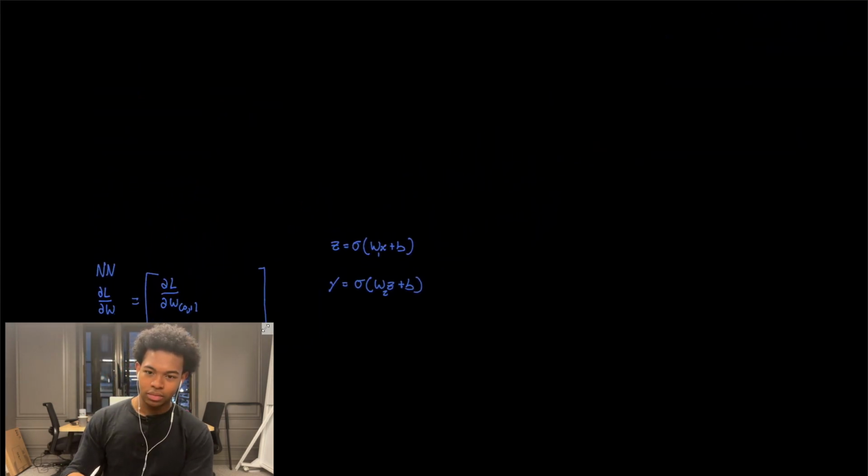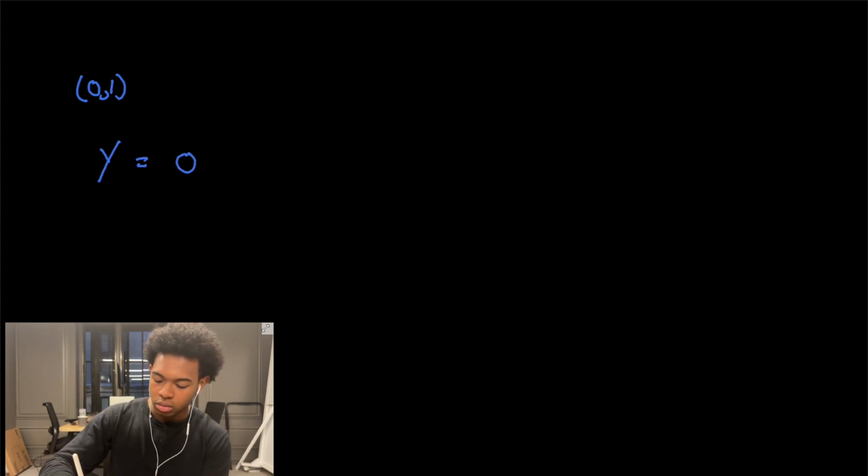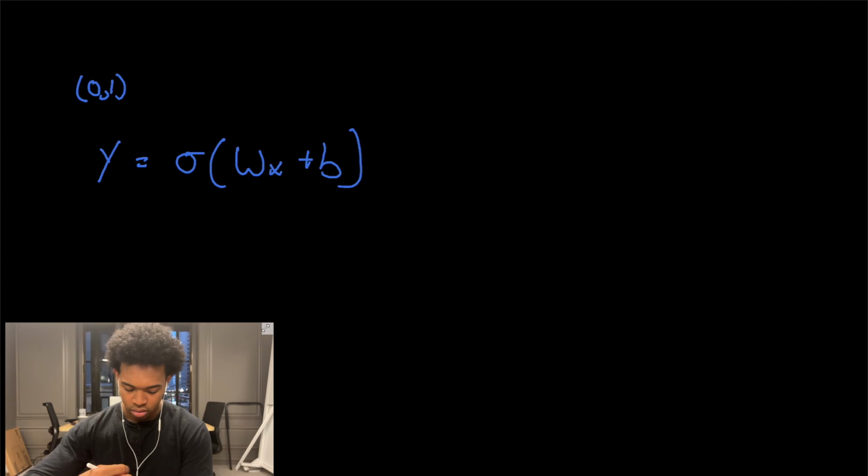So what I want is y, which will be bounded by, why won't you let me draw? I want y, which exists from 0 to 1, to be sigmoid of wx plus b. Is it as simple as that?